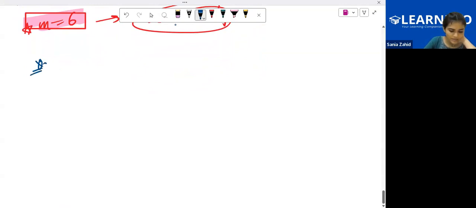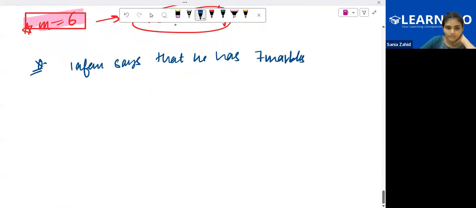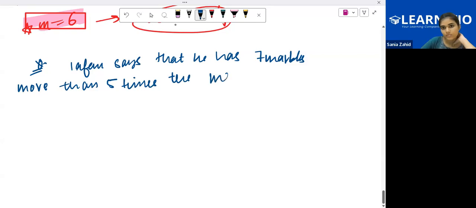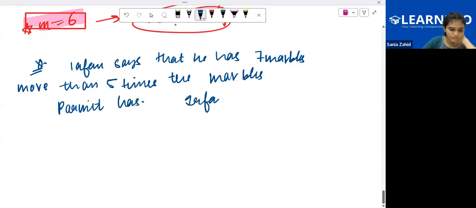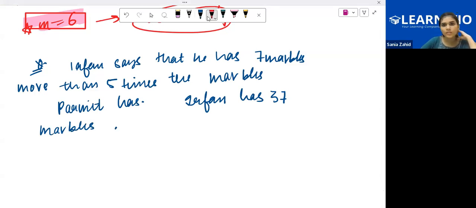First one is Irfan says, you have to form an equation out of this.